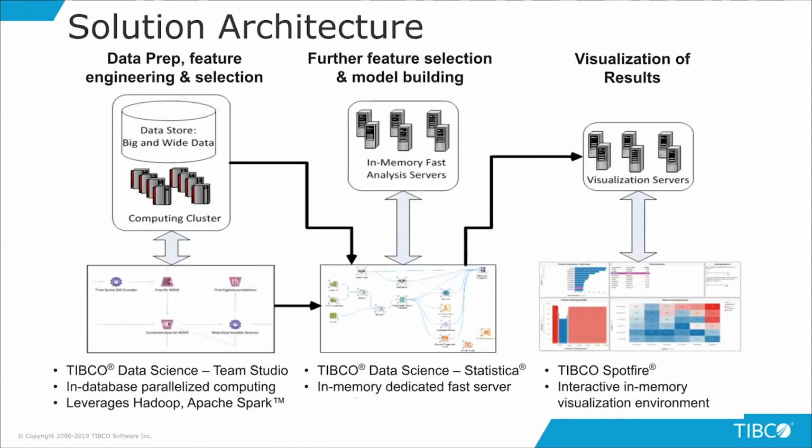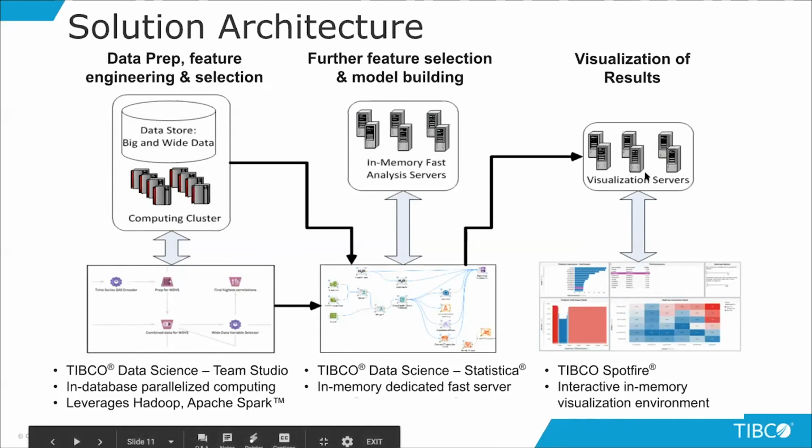Well, we do it with two major components of Tibco's analytics stack. Starting over here on the right, the end product, if you like, is Tibco Spotfire, where we visualize the results of the model. So nice and easy to understand for the fab manager, in terms of yield charts and simple heat maps showing the causes and effects, all happening within Tibco Spotfire.